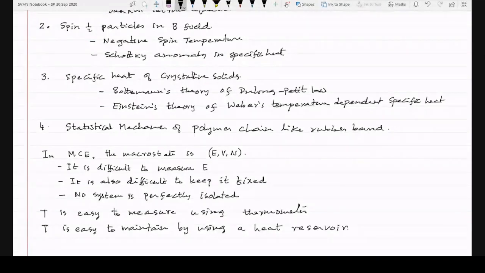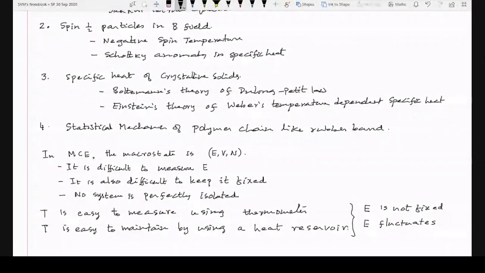Okay, but in the laboratory, this is something which can be done. But what is the price? The price is that energy is not fixed. In other words, energy fluctuates, even in equilibrium. Energy fluctuates. So we have to live with that one.